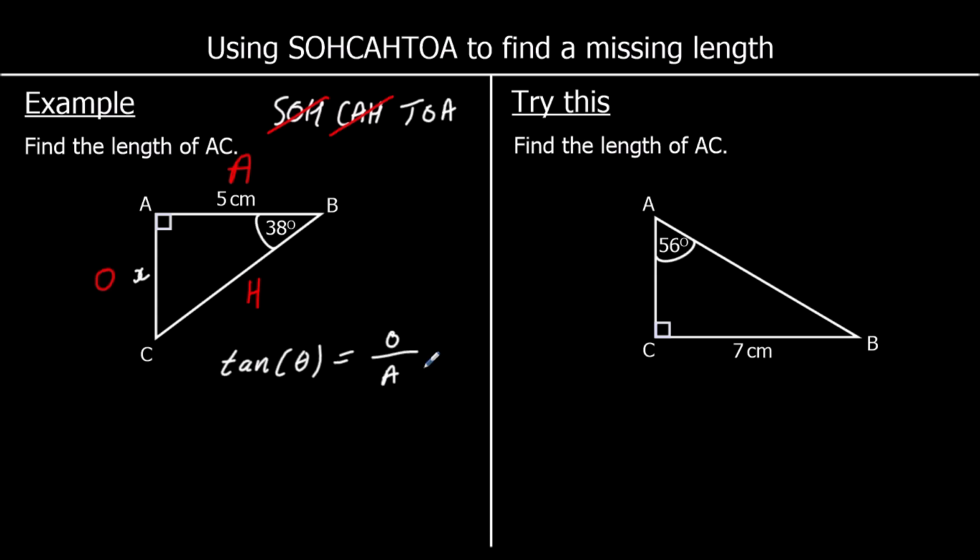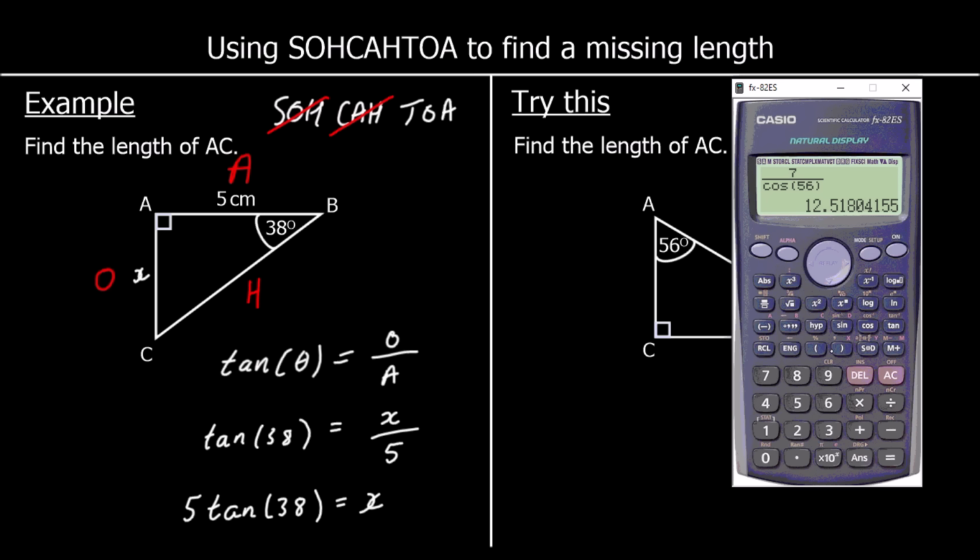And let's substitute in what we've got. So the angle is 38. So we'll have tan 38 equals x over 5. To get x by itself, multiply both sides by 5. So we've got 5 times tan 38 is equal to x.